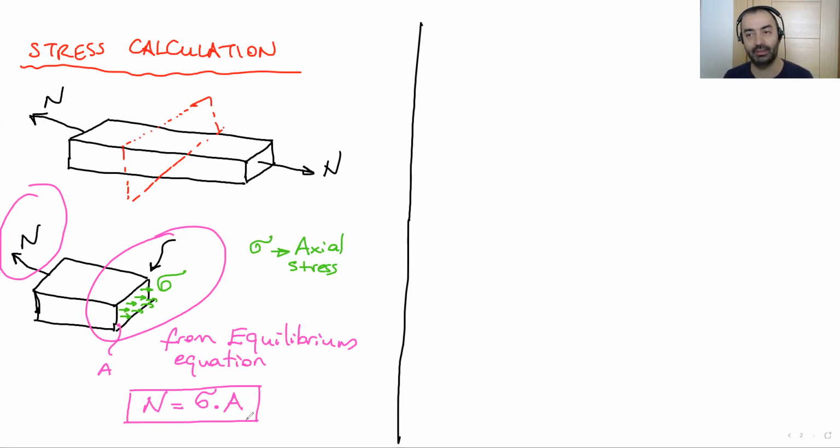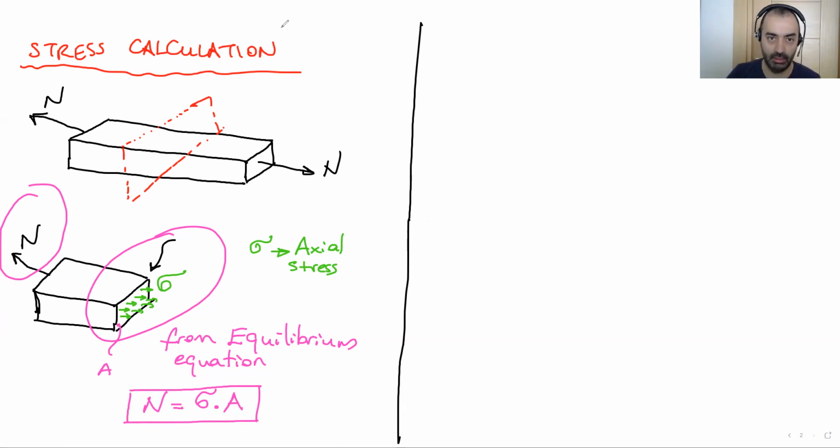To use this rule, you know, when we apply a load to a structural member, there will be a deformation on the system.